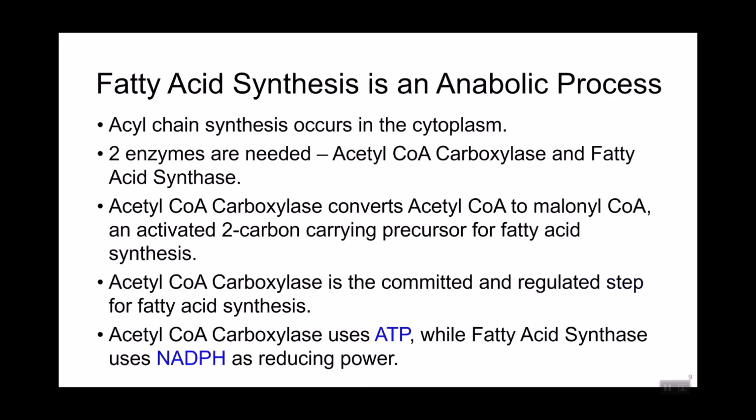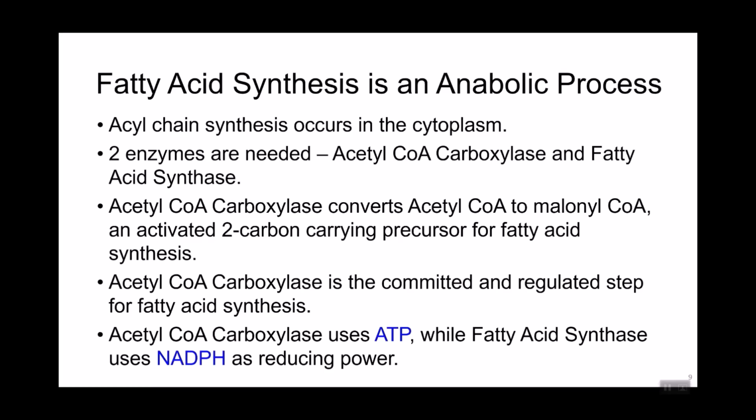Once acetyl-CoA is exported into the cytoplasm, there are two enzymes that will be needed for this anabolic process. Acetyl-CoA carboxylase is going to carboxylate acetyl-CoA to make malonyl-CoA, which is an activated molecule using a CO2 group, and this will allow for the synthesis of fatty acid chains.